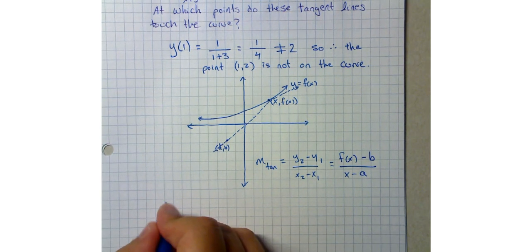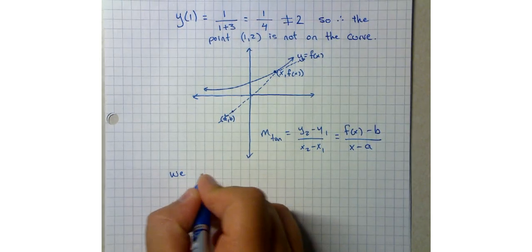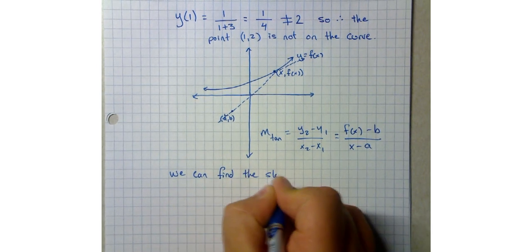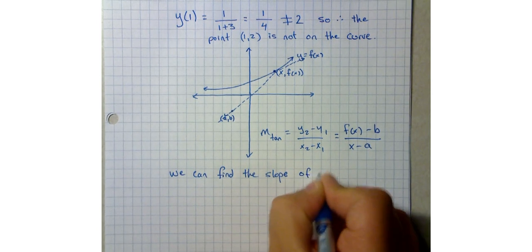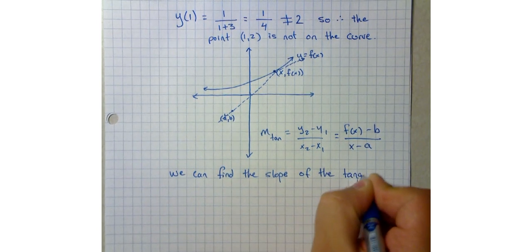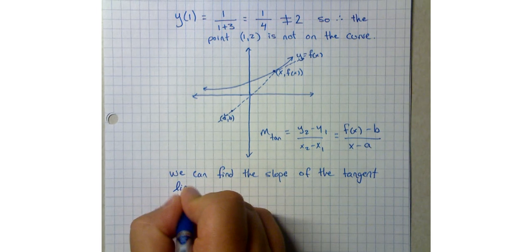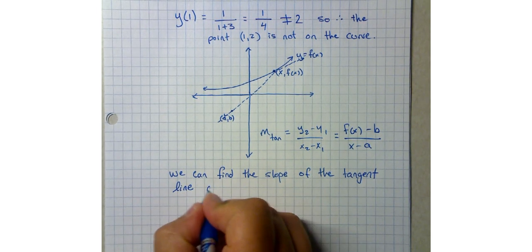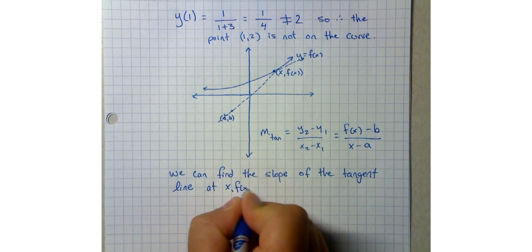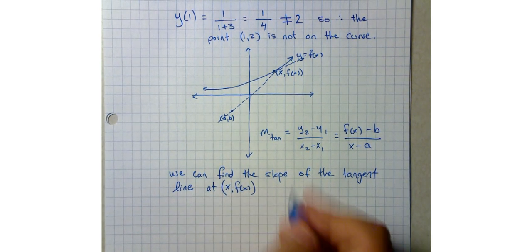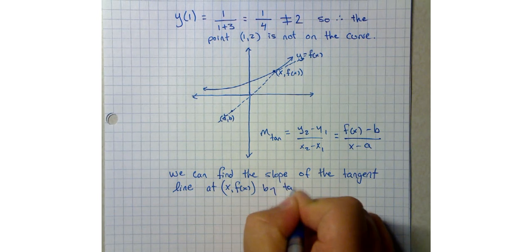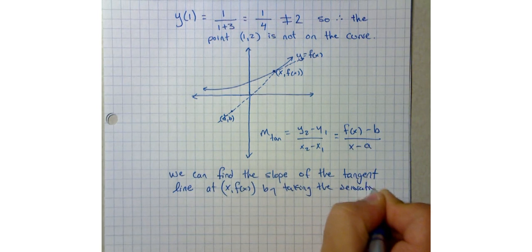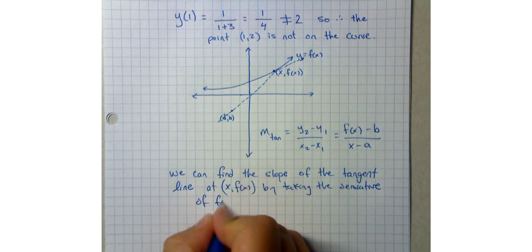So we can find the slope of the tangent line at f of x by taking the derivative of f of x.